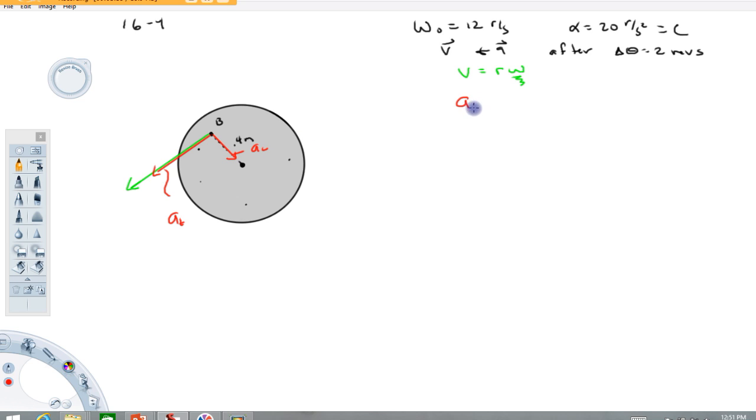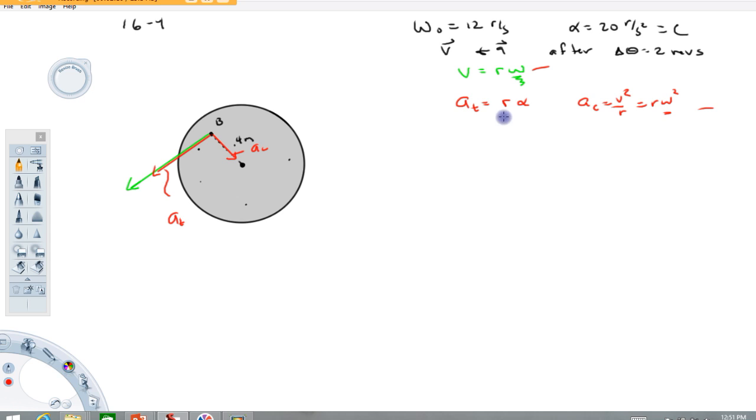The tangential acceleration can be calculated by r times alpha, and I think we have that. The centripetal acceleration is equal to v squared over r. That's also equal to r omega squared if you just put v equals r omega right here. So we're going to have to find the angular velocity to answer both of these questions.